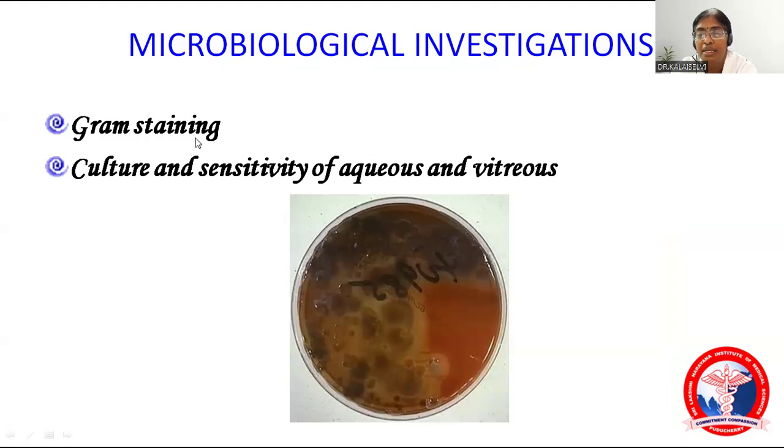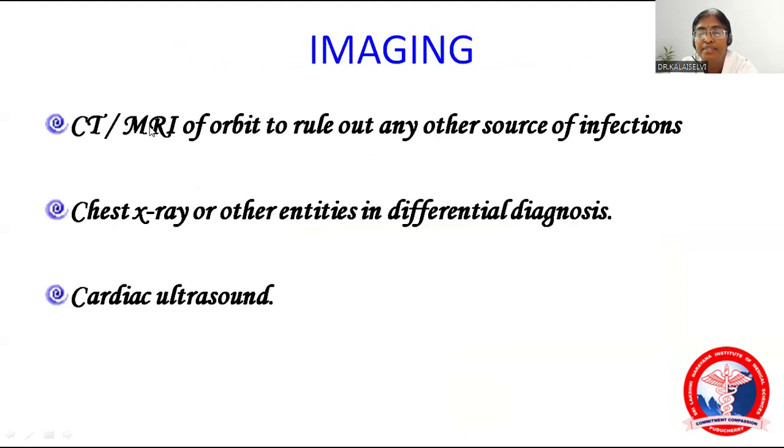A gram staining of aqueous tap can be done, or a vitreous tap can be done, to assess gram staining and culture sensitivity. Apart from this, a CT or MRI of the orbit, if there is suspicion of any extension of infection, to rule out the differential diagnosis.